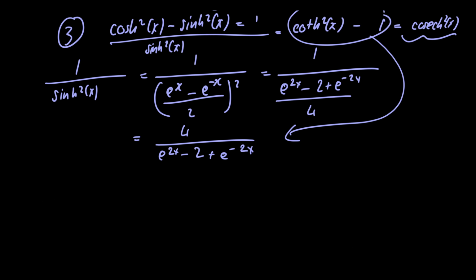So let's go ahead and attempt to do so. We know that hyperbolic cotangent squared of x is equal to hyperbolic cosine squared of x divided by hyperbolic sine squared of x. We know what this is, so I'm just going to go ahead and write it straight away.